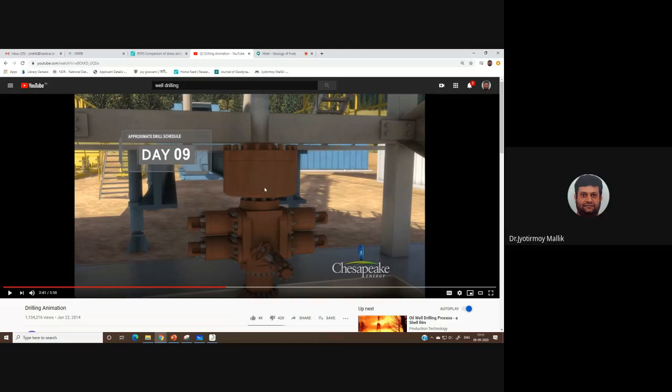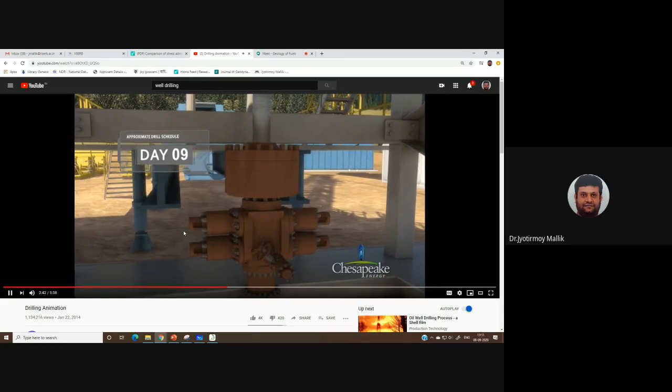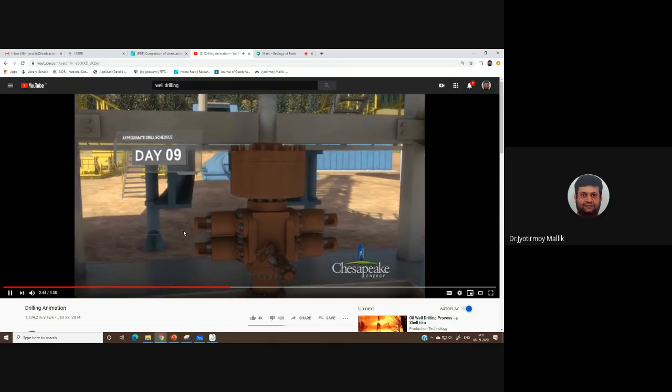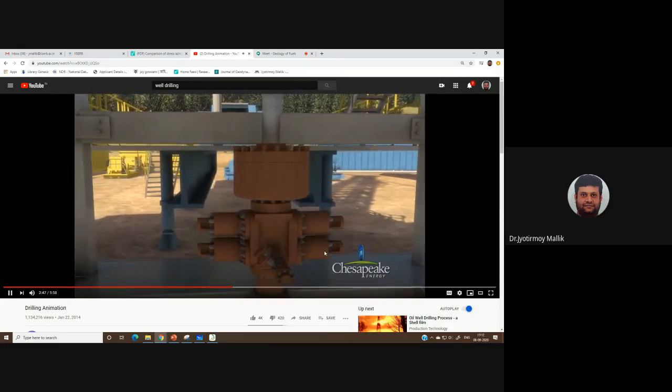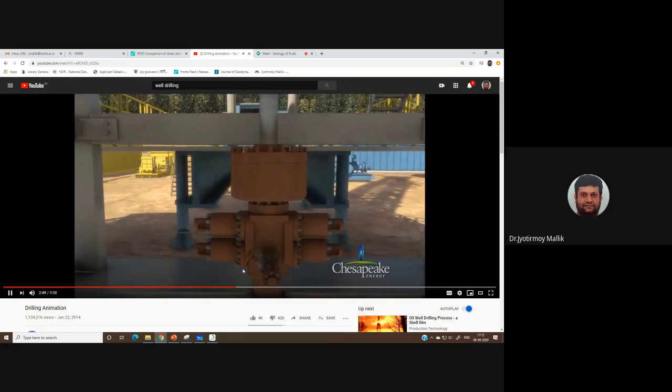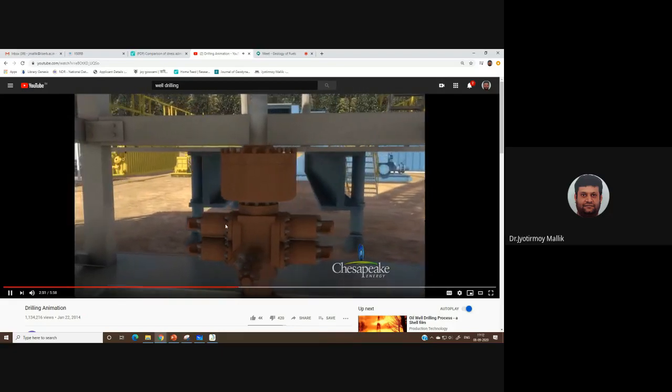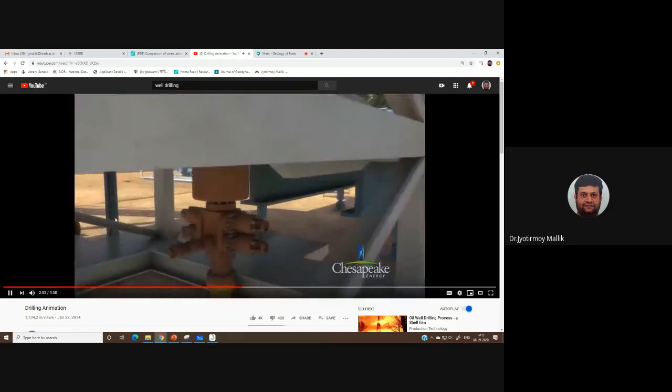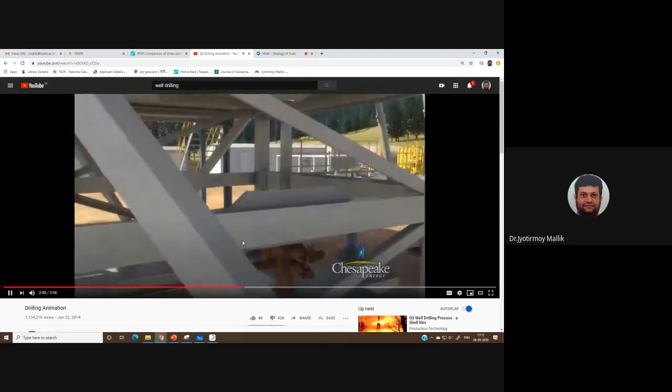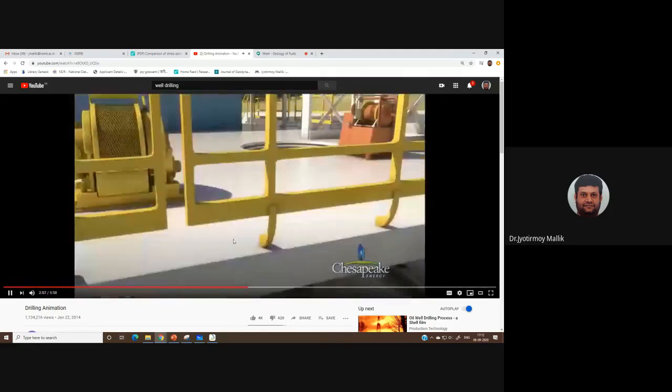This is the blowout preventer. Okay, the blowout preventer essentially is a set of pressure chokes which stops the unwanted flow of hydrocarbon or water back to the surface. Okay, you can see the picture of a blowout preventer, that these are all the safety valves, okay, which is just above the drill pipe, and this is what we call the Kelly bush.